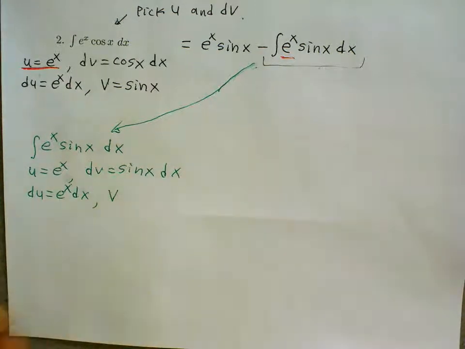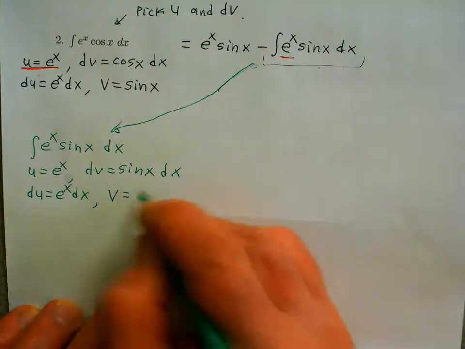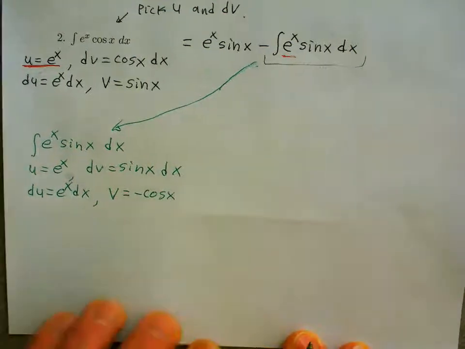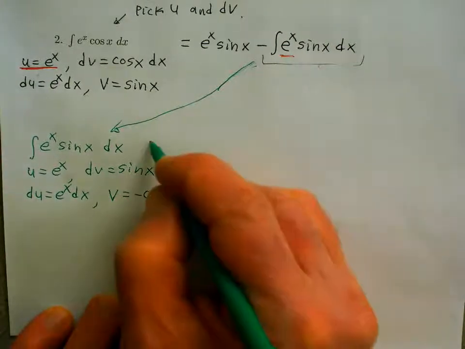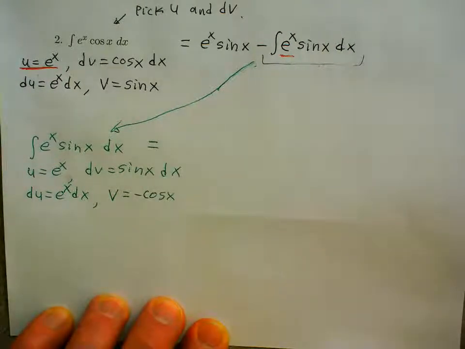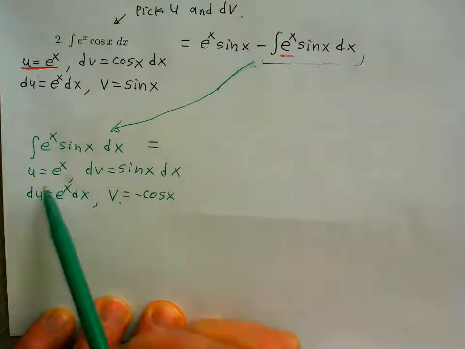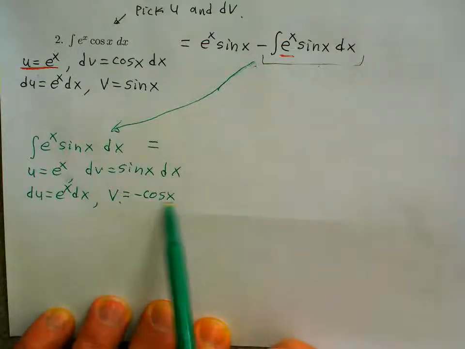And what is v? If dv is sine of x dx, what's v? In other words, an antiderivative for sine of x? Negative cosine of x. Negative cosine of x, yeah. Okay, so we'll write this as being equal to u times v, so e to the x times negative cosine of x.